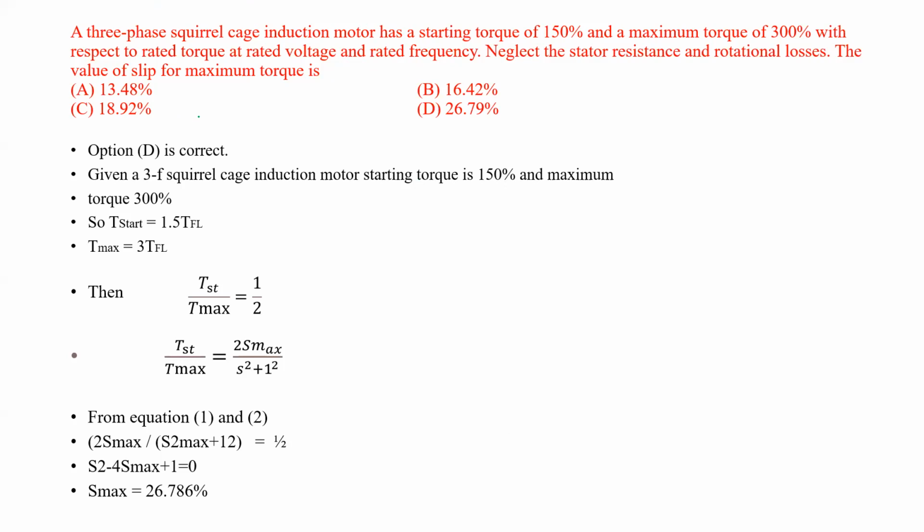Neglect the stator resistance and rotational losses. The value of slip for maximum torque is.